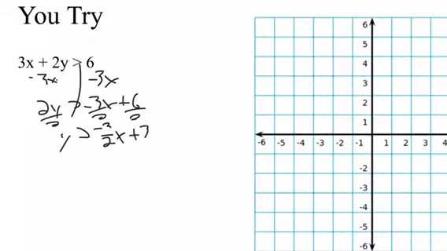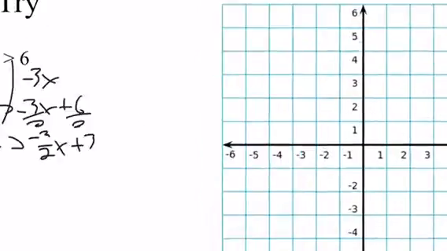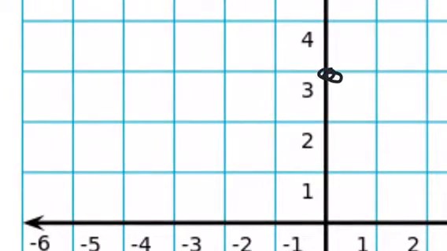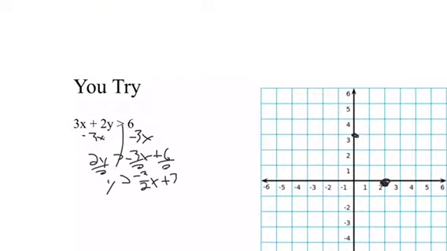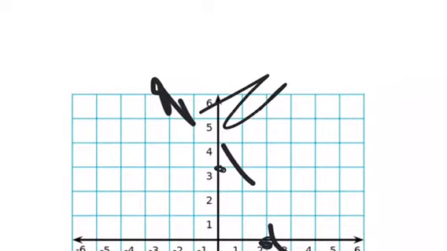So when we go to graph it, we're going to put a point on 3 first. And then down 3, right 2 for our slope. It is a greater than sign, so that means we want a dotted line through these points. And since it's greater than, we want to shade above the line.